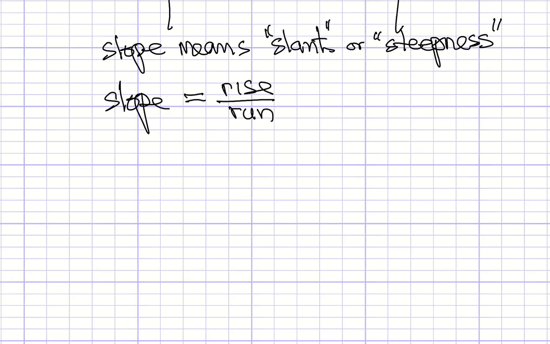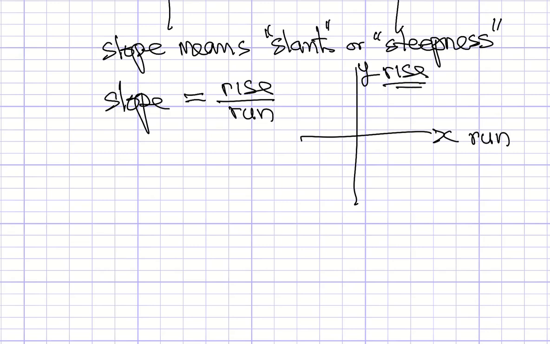What does that mean? Again, use the Cartesian coordinate to help you. This is the horizontal axis, which is the x-axis, is the run. It's like run, horizontally. And then the vertical axis is rise. It rises up. So slope is rise over run.